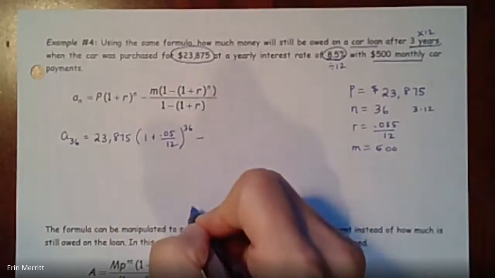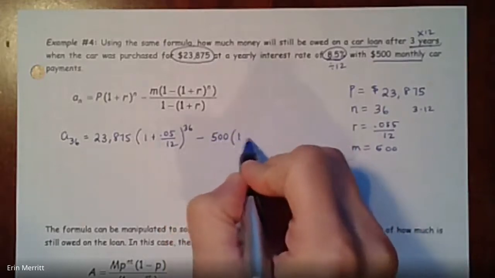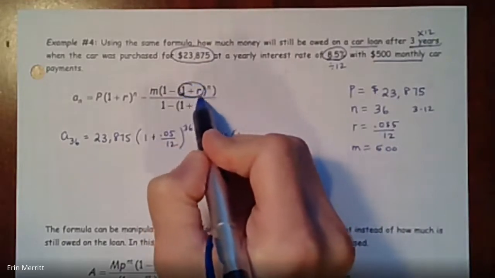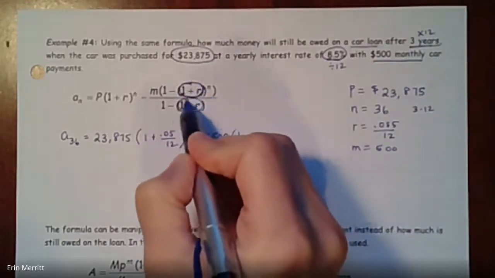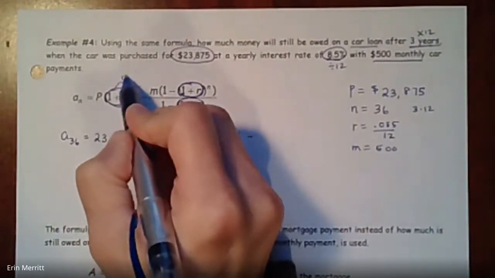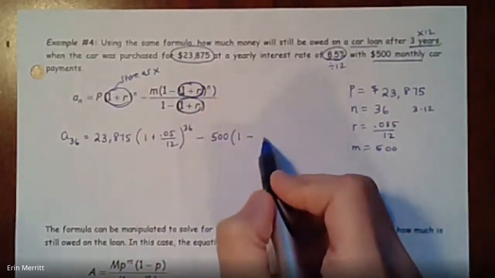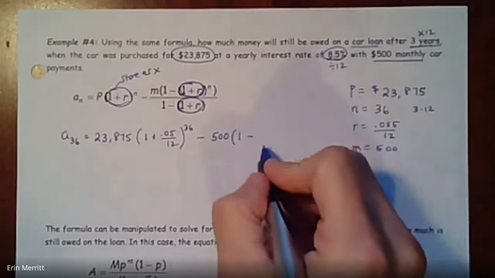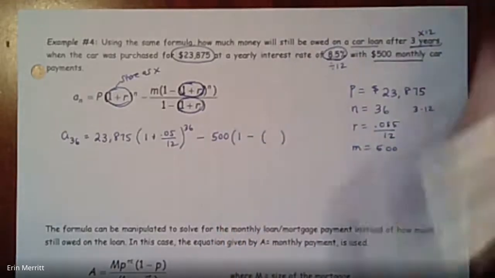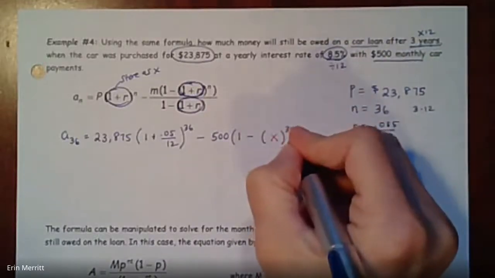All right, and then minus 500 times 1 minus, I'm going to tell you right now, I'm going to store this as X. So I'm not even going to fully write out all that expression. You can, but I'm going to store that in as X. So I'm just going to call this an X right here, raised to the 36 power.